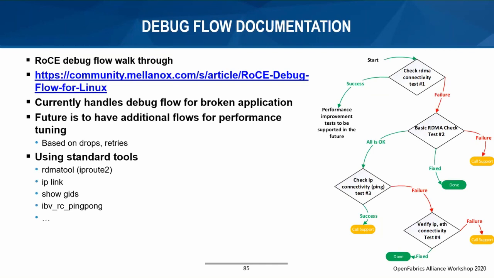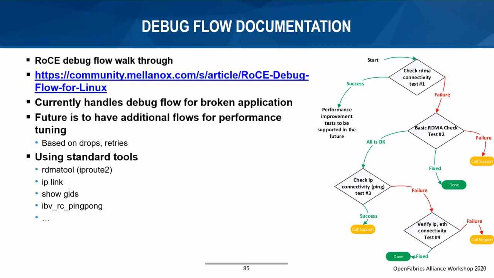So the RDMA tool, the IP link show, or whatever, and a success or fail criteria. And for each such test, we have an additional step, which can be go to the next step, or it was resolved. Kudos, you can move on. Or if we couldn't make it work, grab this information and call our support. We will help you with this information.